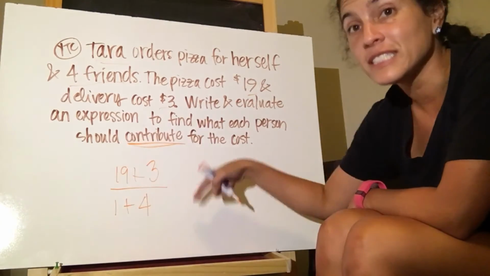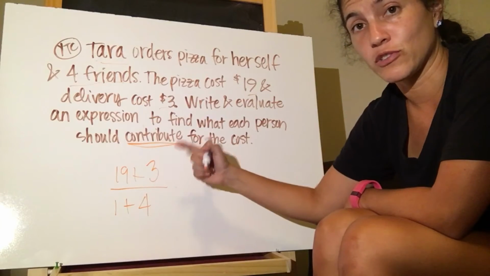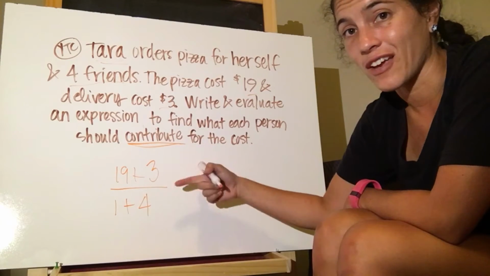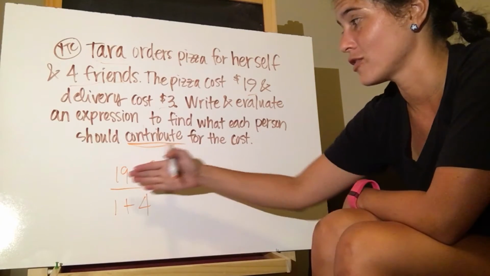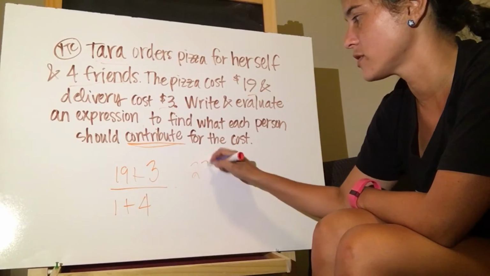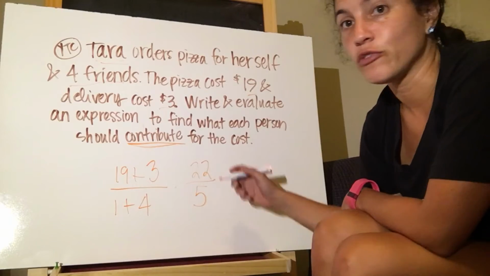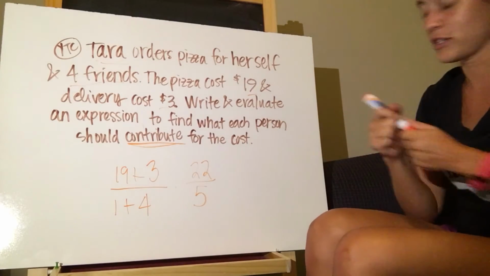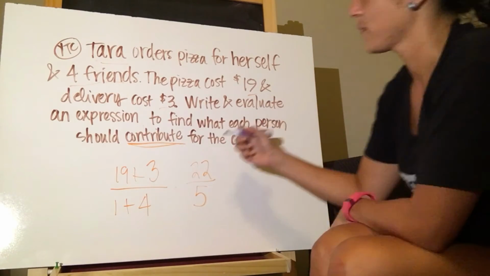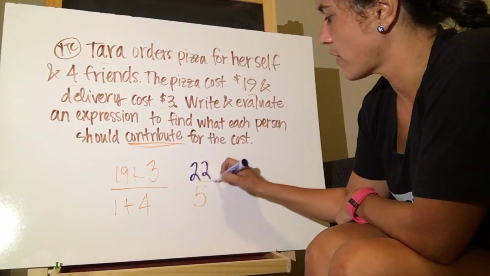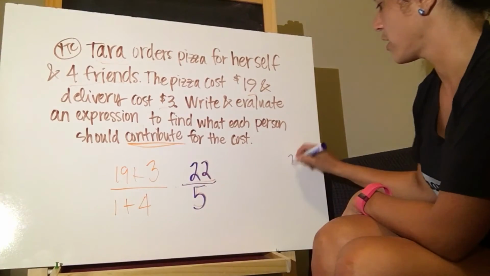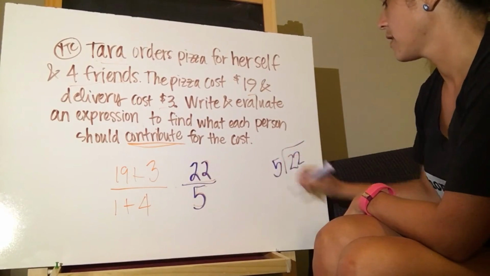Now we have written an expression, and we're going to use the order of operations. We cannot divide yet. We have to simplify the numerator and the denominator. So 19 plus 3 is 22, and 1 plus 4 is 5. If you don't know 22 divided by 5, then you go over here and you divide.